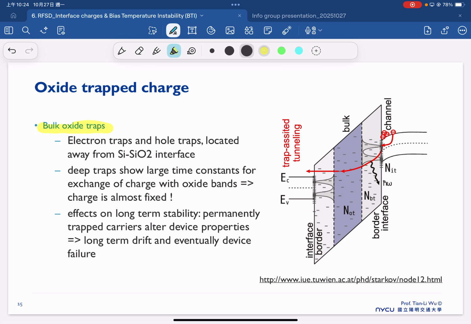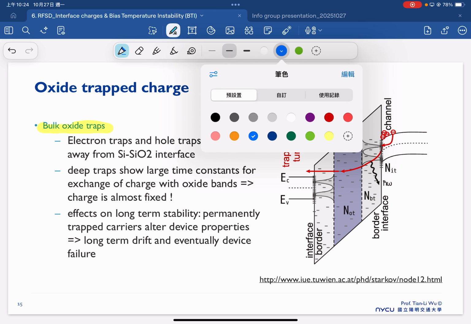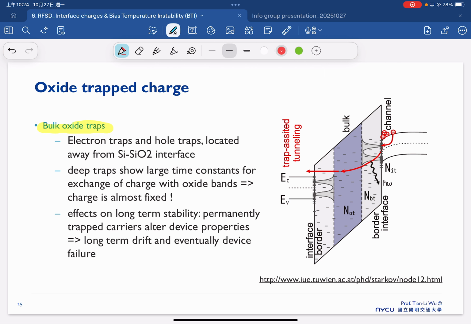If you work in advanced semiconductors, you cannot avoid this schematic. It shows that first, we have the interface state that we already mentioned. This is the region we call the interface state.